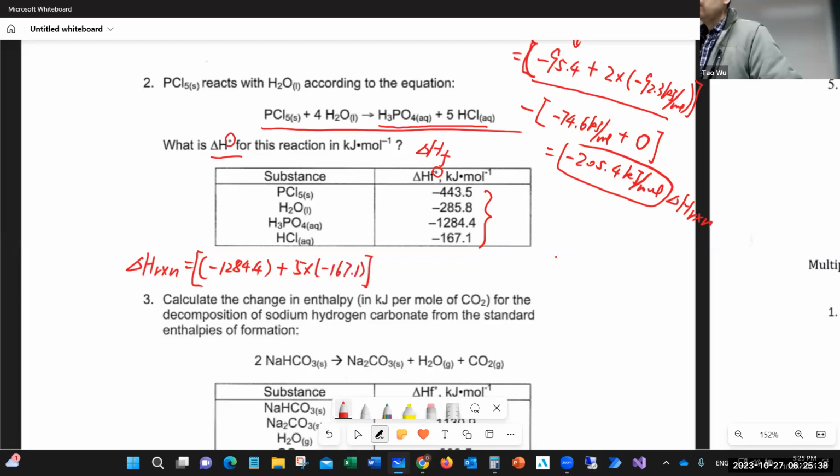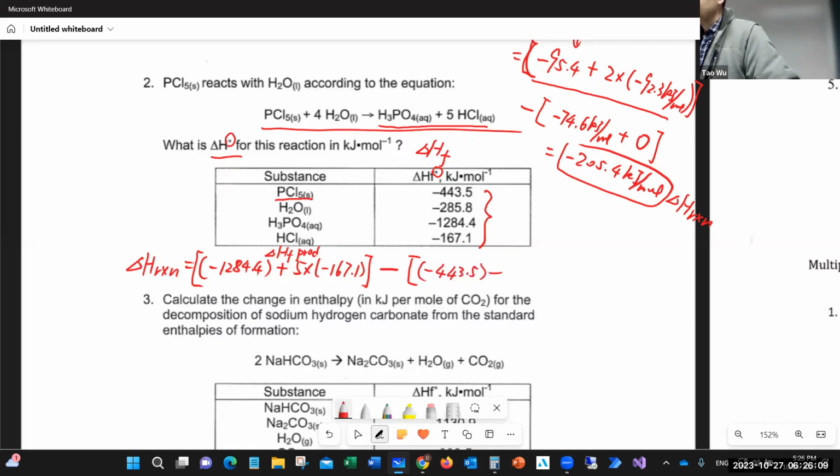And this added together will be just the sum of the enthalpy of formation of the products. Does that make sense? And then you subtract the sum of the enthalpy of formation of the reactants. We have 1 PCl5 solid, which gives negative 443.5.